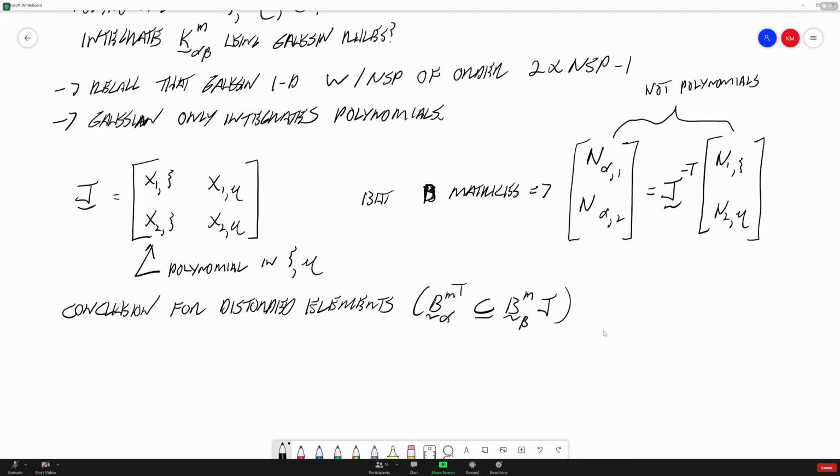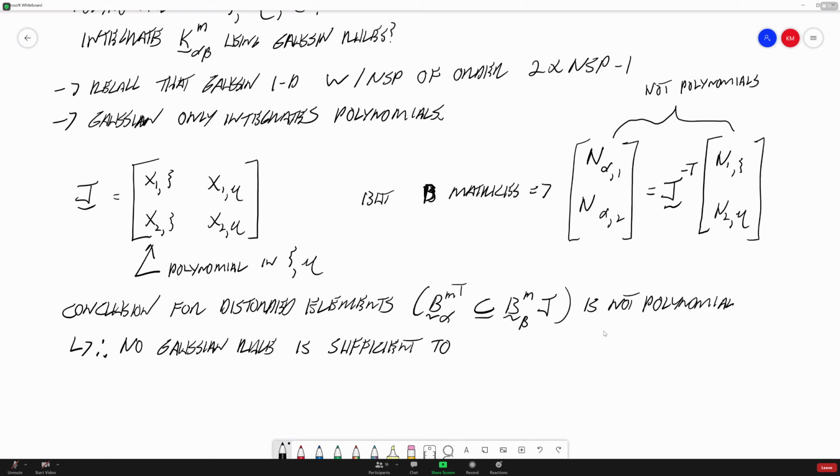This argument right here is not polynomial. And the Gaussian only integrates polynomials. So therefore, no Gaussian rule is sufficient to exactly integrate.